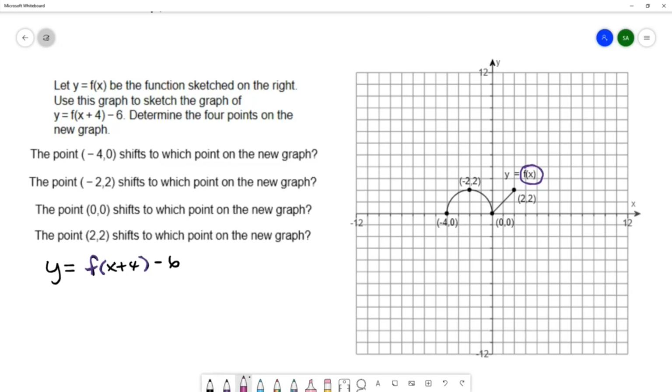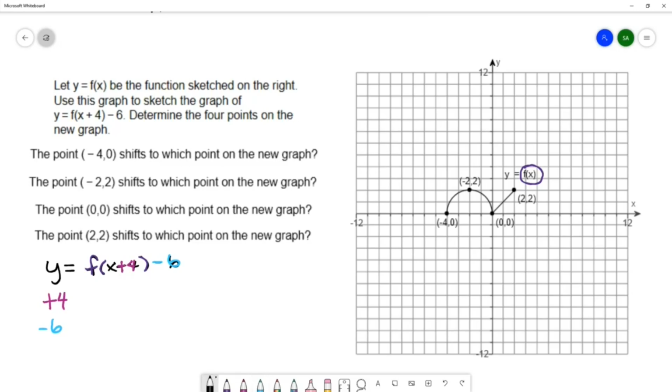And then we notice that we have these changes to the equation. We have a plus 4 that's inside the function and a minus 6 that's outside the function. So these are transformations that are occurring onto our function. So we have a plus 4 and a minus 6.